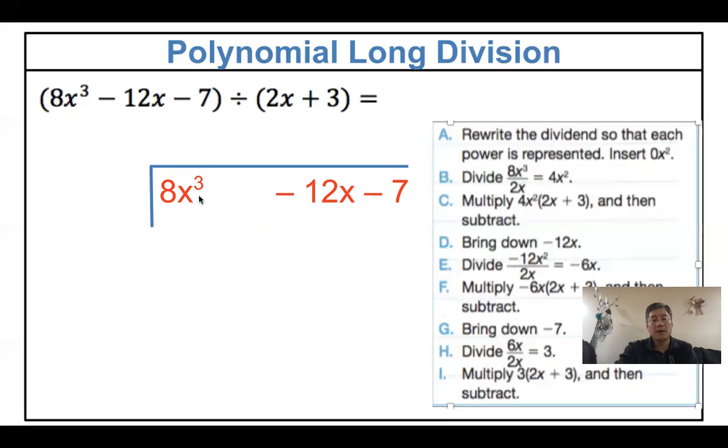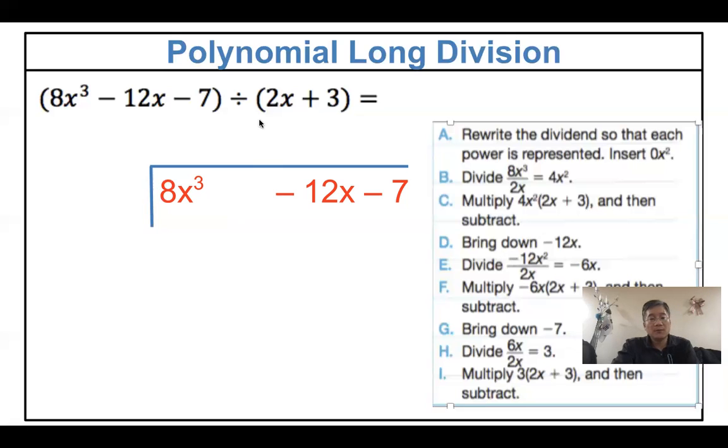By the order of the degree: degree 3, degree 2, degree 1, degree 0. You should make sure they have their own space, like in integer long division with the thousands, hundreds, tens, ones places, right?